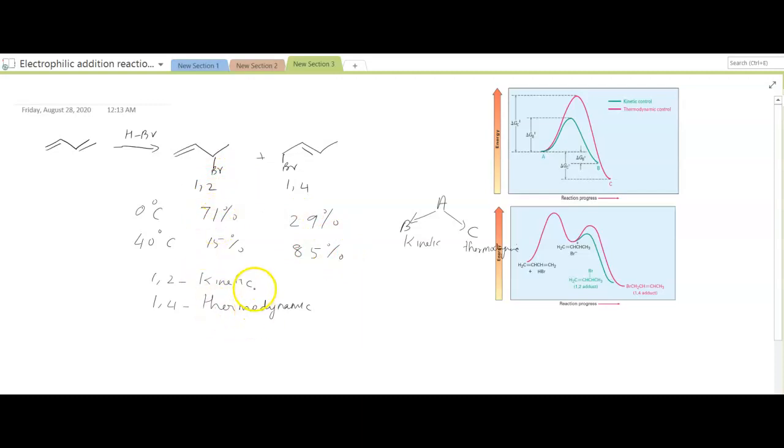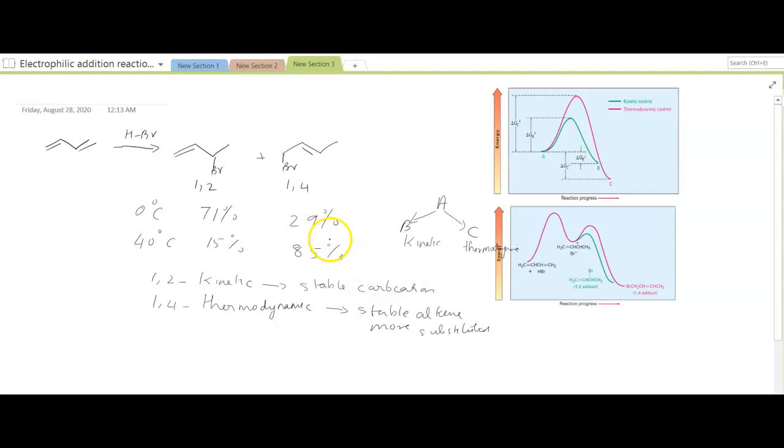Again, remember that the kinetic product is related to the more stable carbocation, and the thermodynamic product is related to the more stable alkene, or the more substituted alkene.